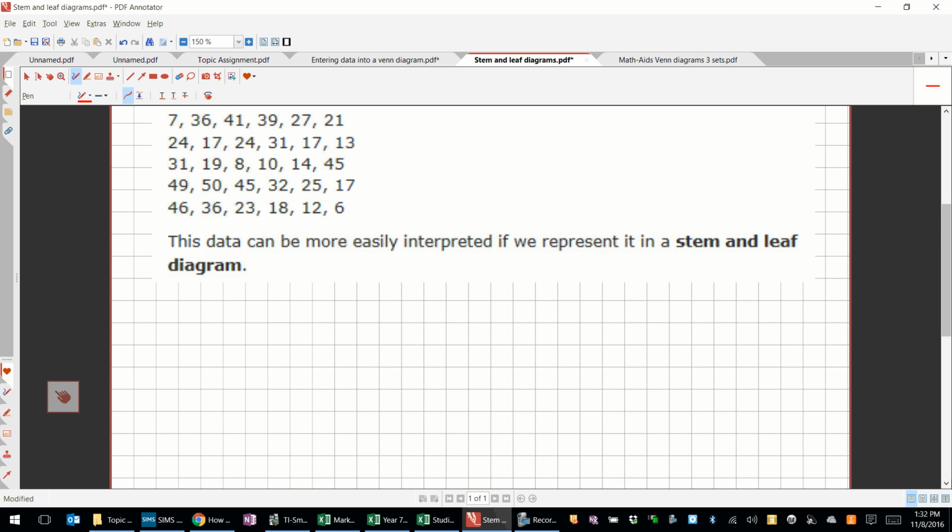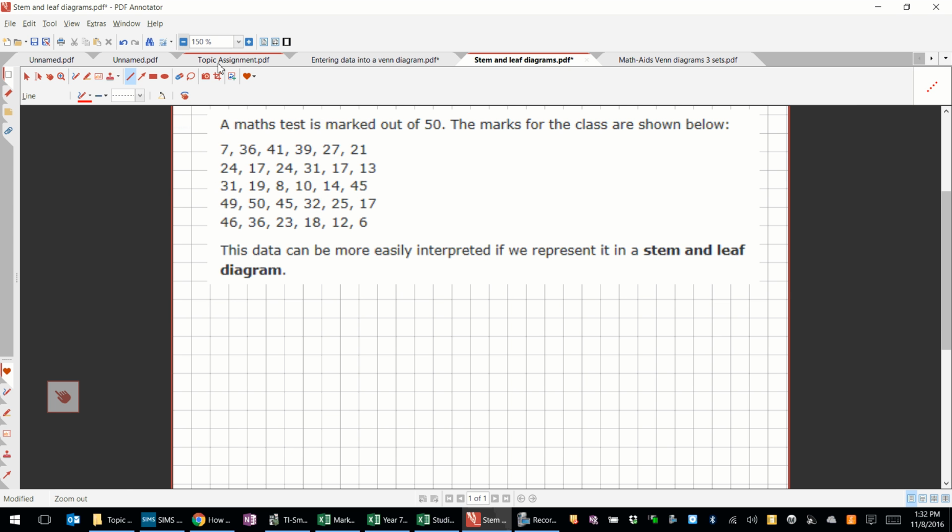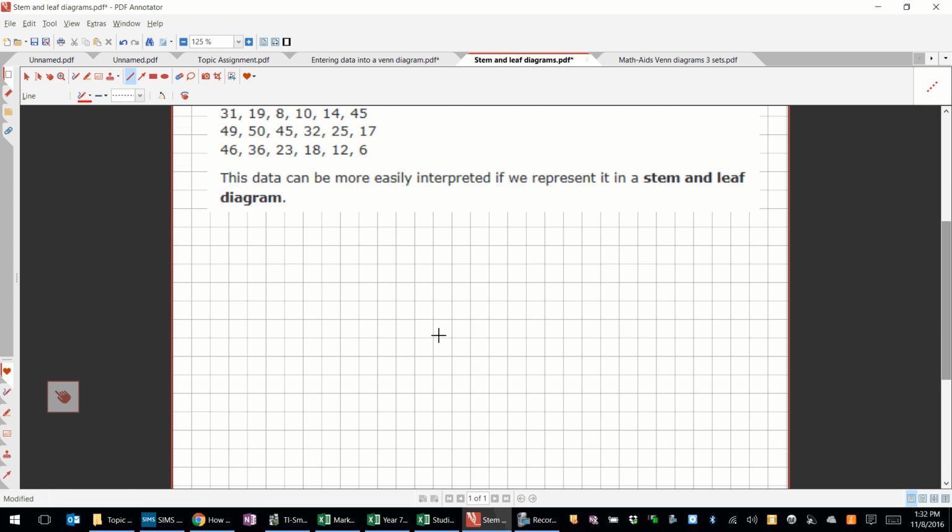Alright, so when I draw my stem and leaf diagram, I start by drawing my line, and this is what my stem is going to be. So on the left hand side, it doesn't always have to be on the left, is my stem. And I have to come up with a way of listing all these numbers in an efficient way, so that I'm not repeating things.